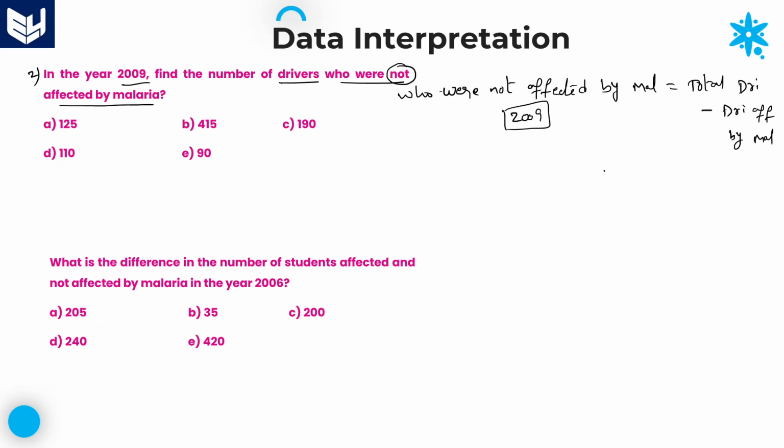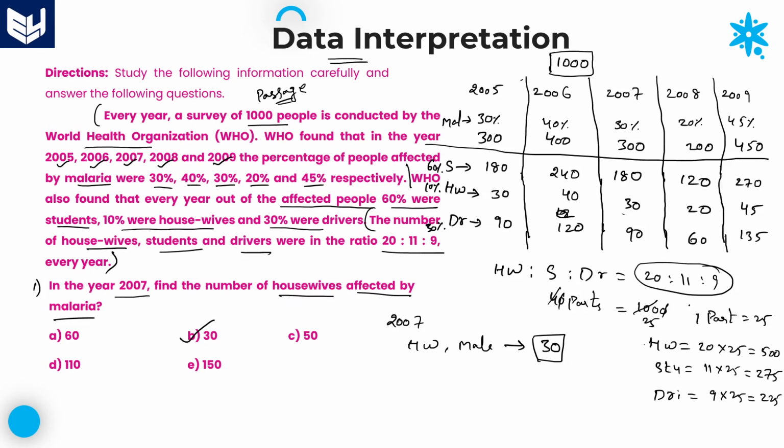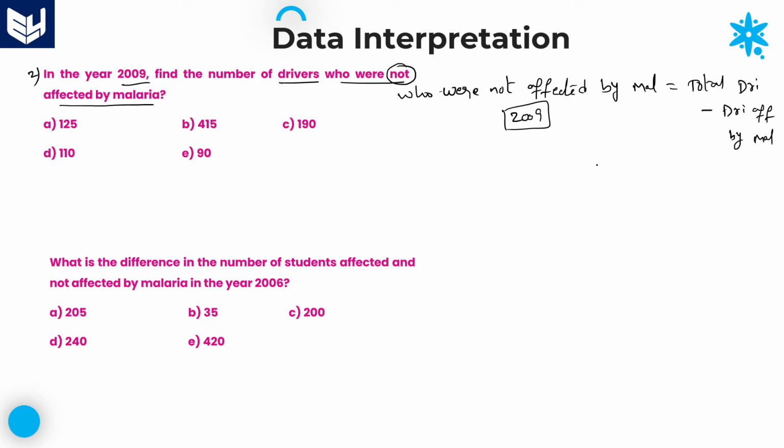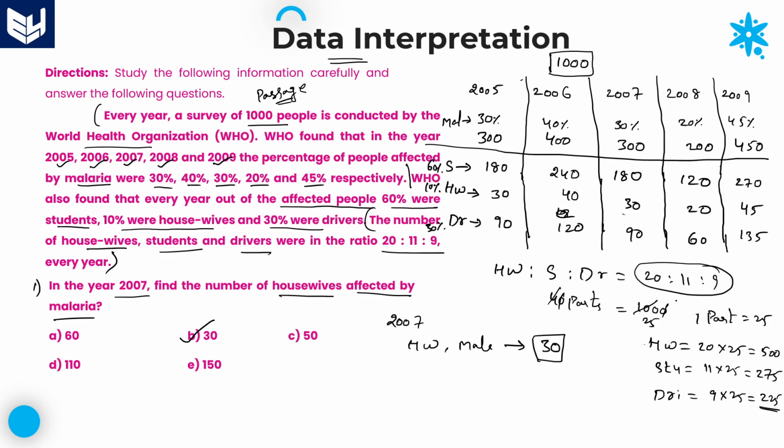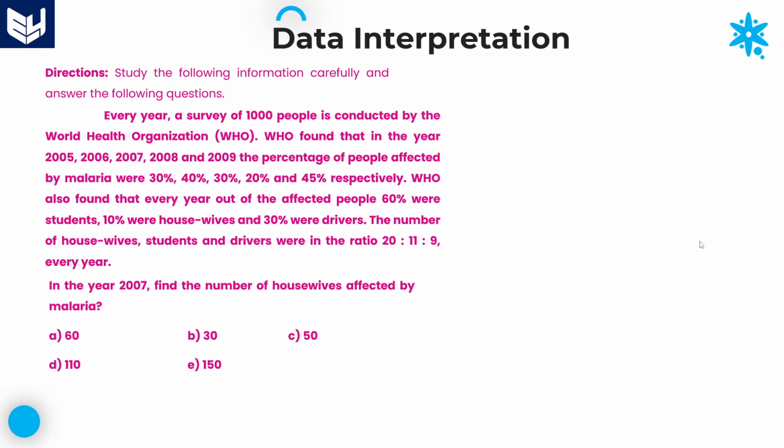Now, in 2009, every year the number of drivers is constant. That is 225. Write down that value. Total number of drivers is 225, minus the number of drivers affected by malaria in 2009, which is 135.